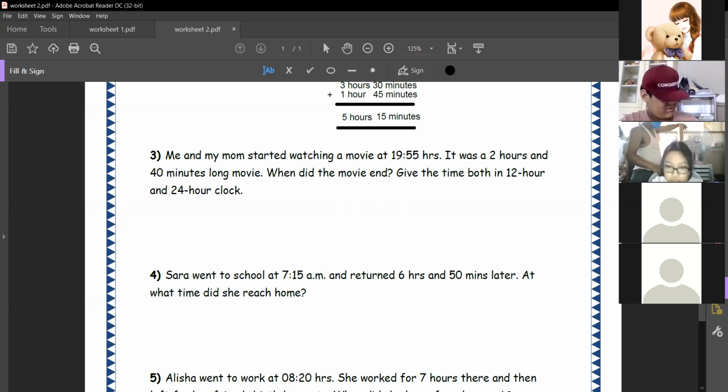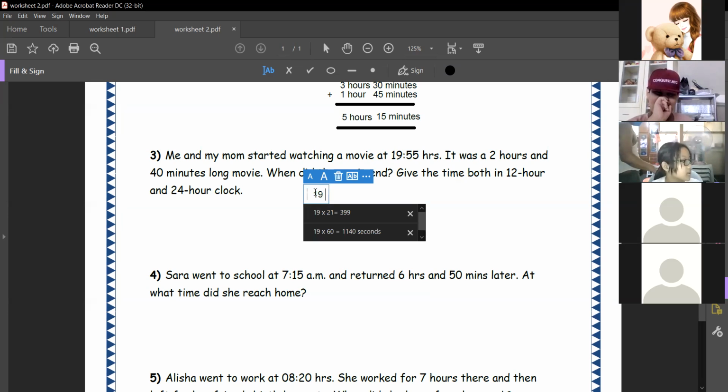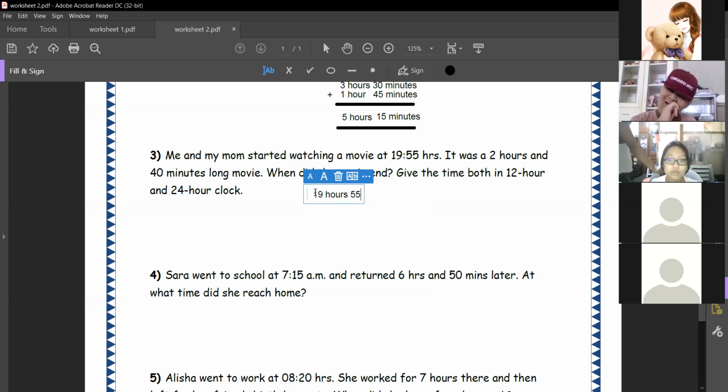1955 hours is the time the movie started. So it takes 2 hours 40 minutes. You need to add or minus, Chicken? Minus. No, wrong. Add. 19 hours 55 minutes, correct?